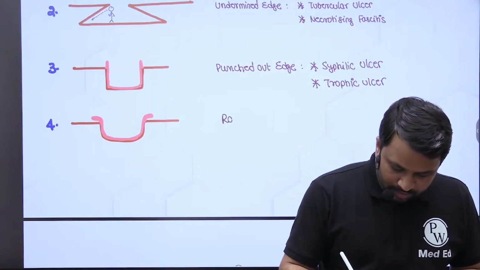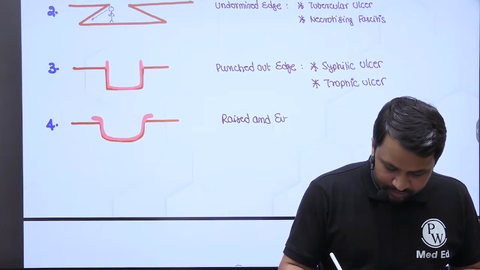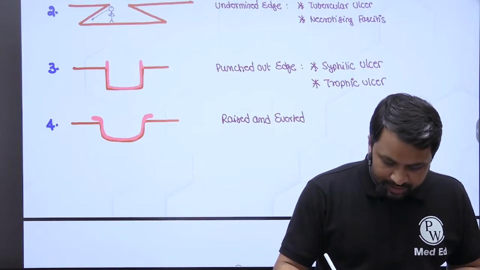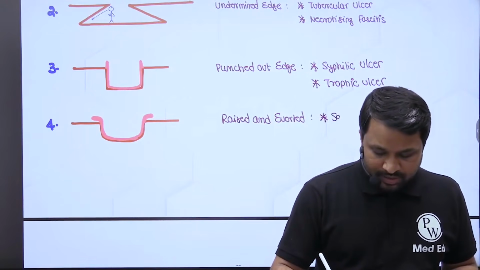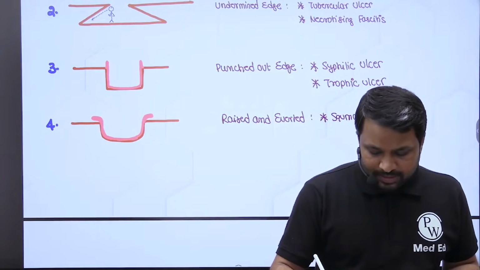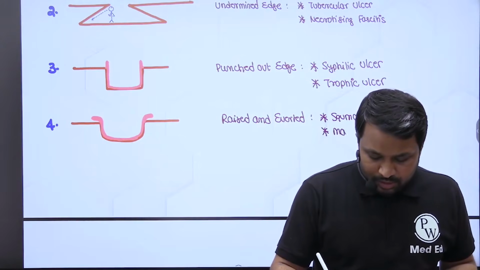This is your raised and everted edge, a characteristic feature of squamous cell carcinoma of the skin. This is seen in squamous cell cancer of the skin, or it is also seen in Marjolin's ulcer.